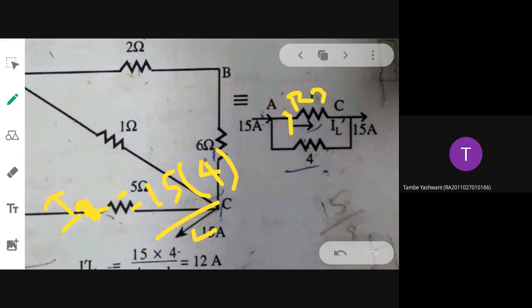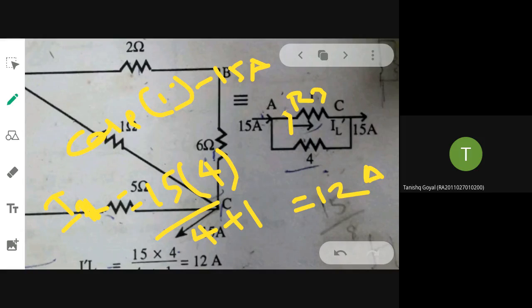So what is the final current? 12 ampere. This is by case number 1, where you are considering only 15 ampere. Now understood the first case?